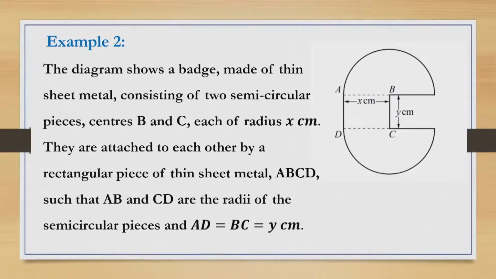ABCD, such that AB and CD are the radii of the semicircular pieces, and you are also given that AD equal to BC equal to y centimeters.